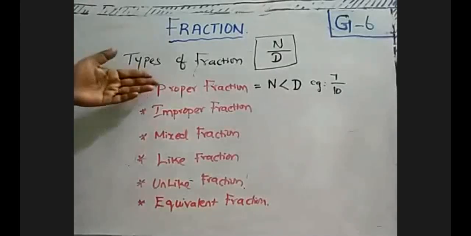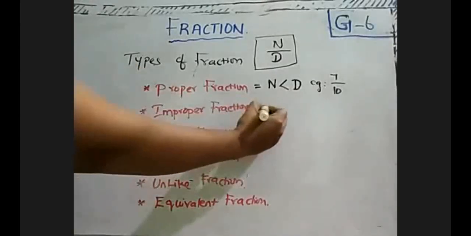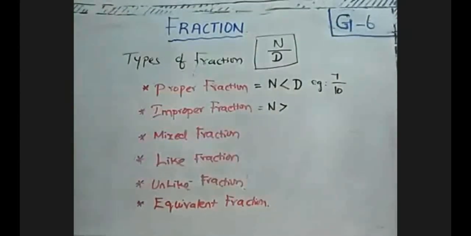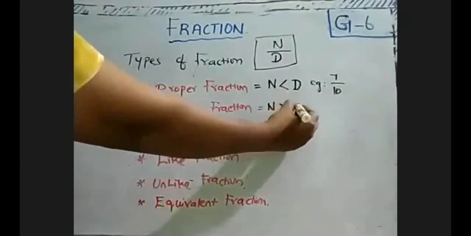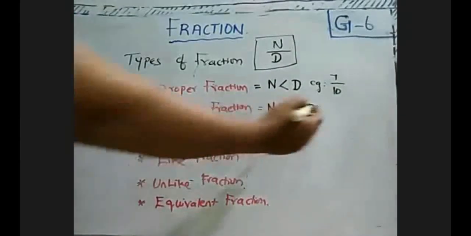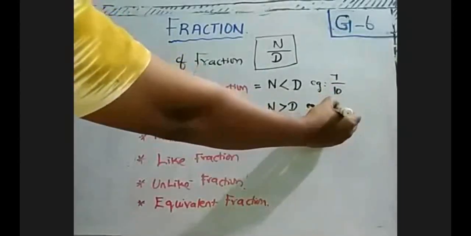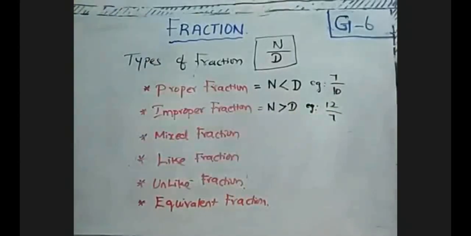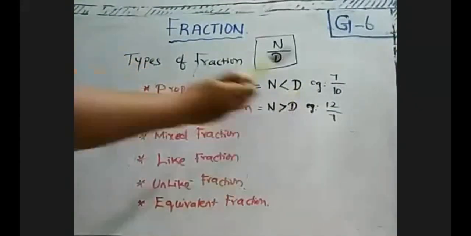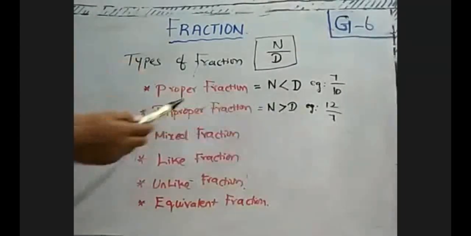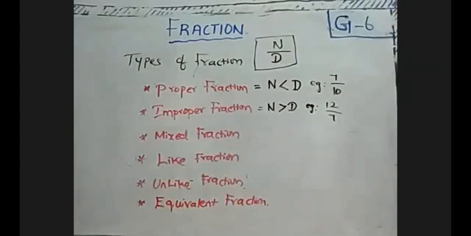It is just the opposite of proper. Here, the numerator must be greater than the denominator. For example, 12 by 7. See here, the numerator is greater than the denominator. So this type of fraction is called an improper fraction.